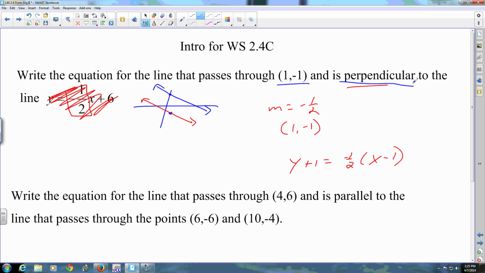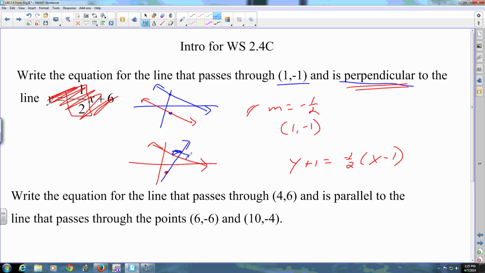Oop, I missed it. I did this for parallel. Sorry, that's if it's parallel. Okay, you wanted it perpendicular. I'm so sorry. So here's the line. There's the point we're interested in. I'm interested in this line. So it's perpendicular. Whoops, I picked a perpendicular symbol. How about I'll try it over here. There we go.